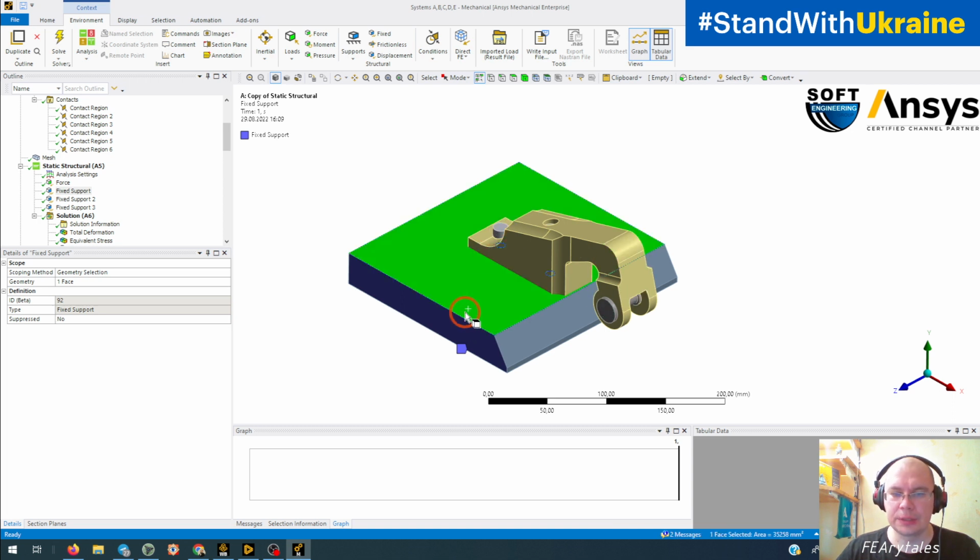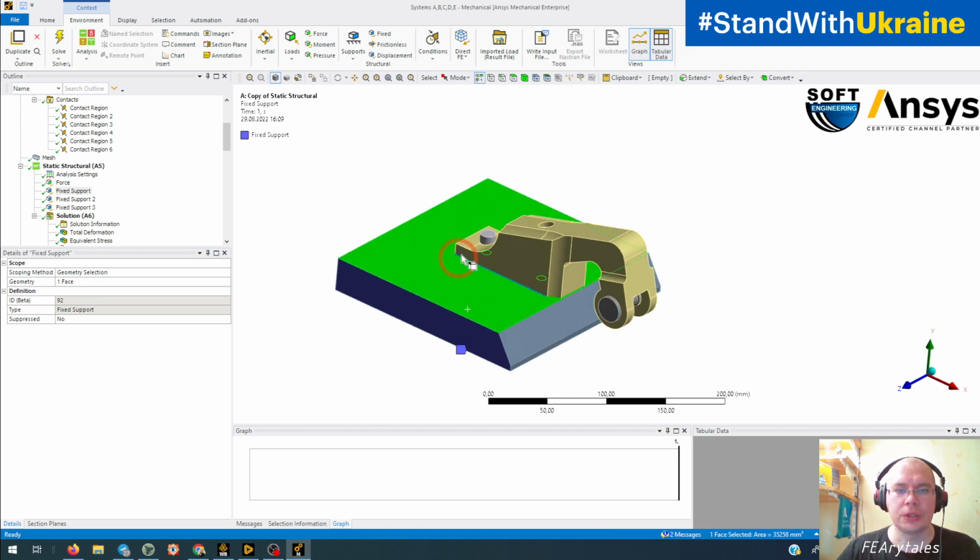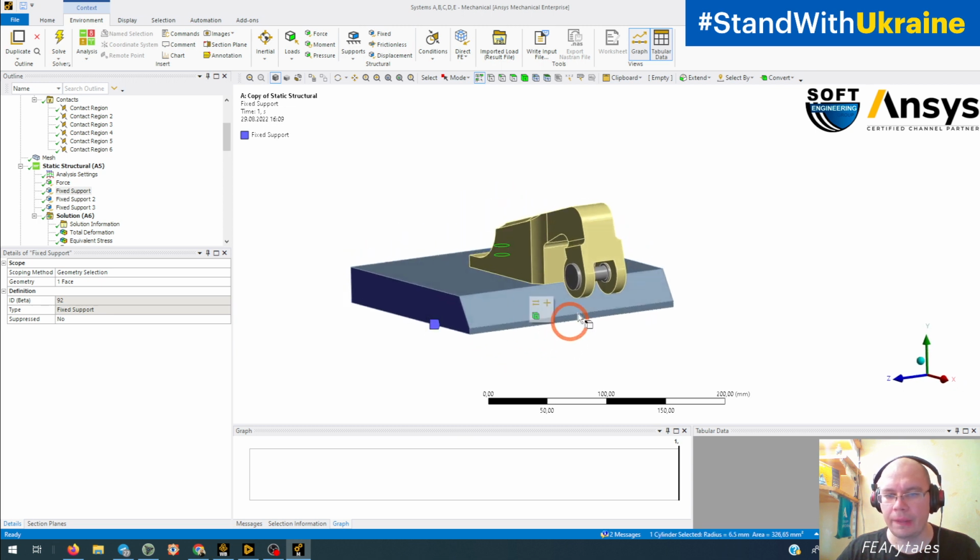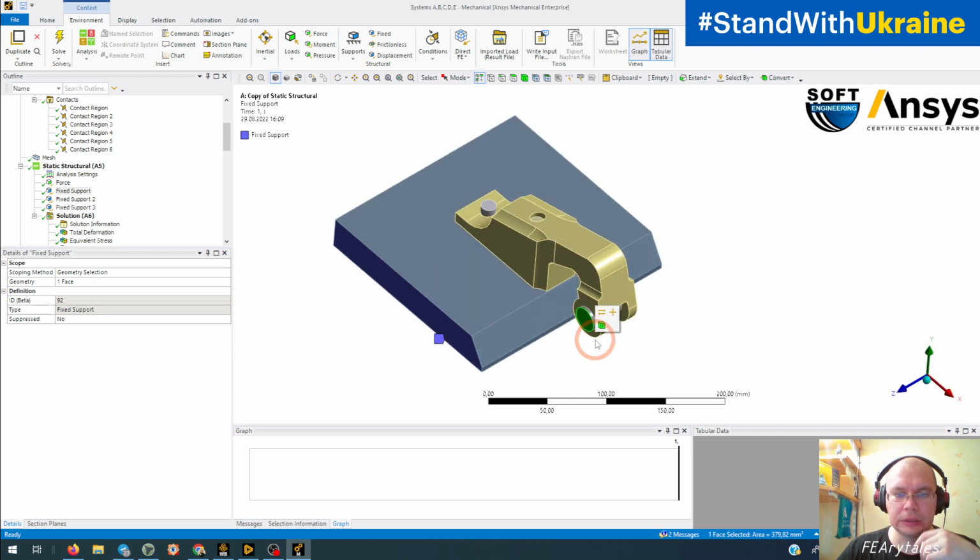So this base, those bolts and those pins are created only for better applying of forces, for better applying of statement and boundary conditions, and to better describe the behavior of this crank.